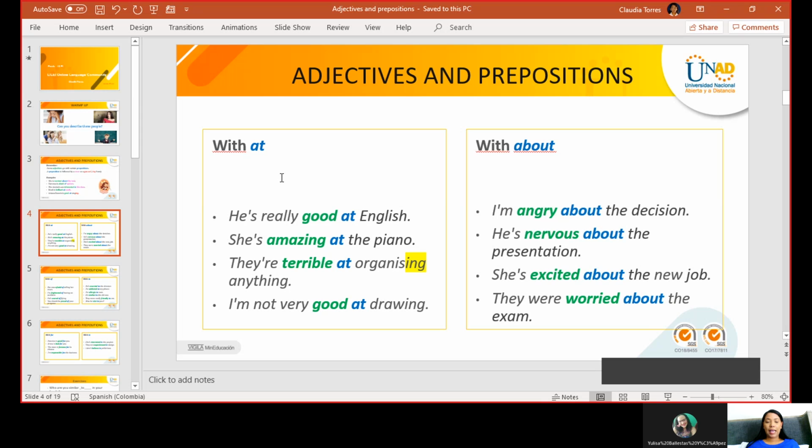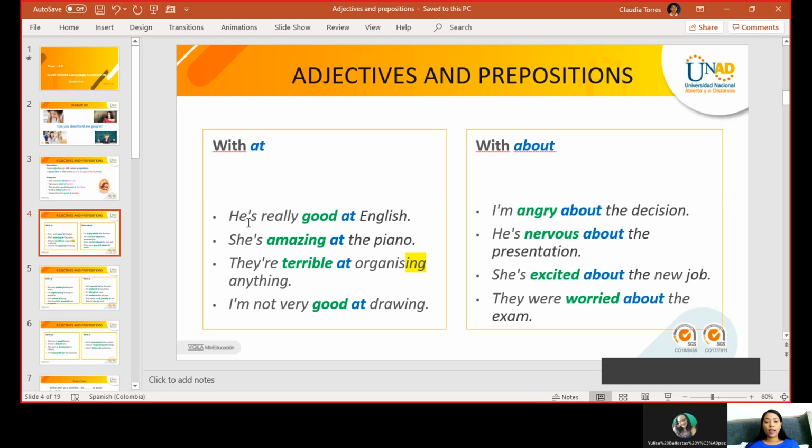The thing is, in English, you don't have a rule to say this adjective goes with this preposition, or every time you see this kind of adjective. No, there are no rules. So you have to practice, to remember, to memorize these prepositions that are followed by adjectives.